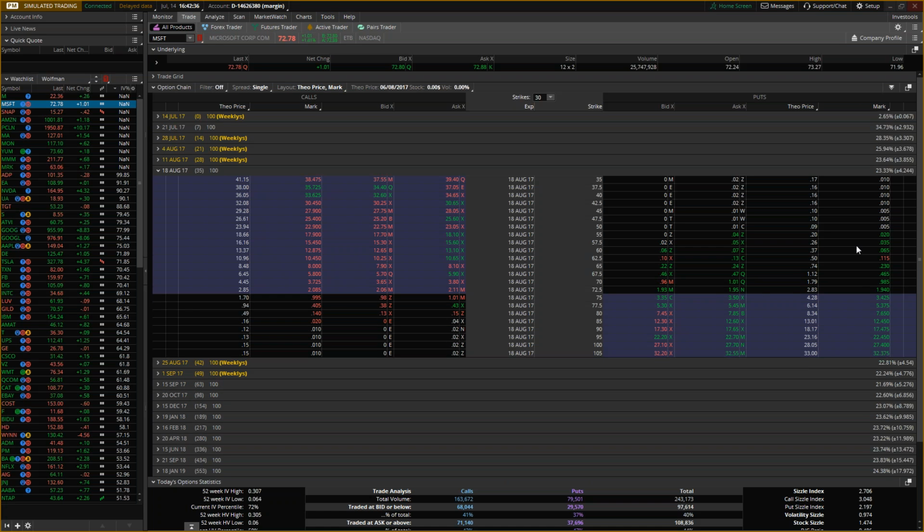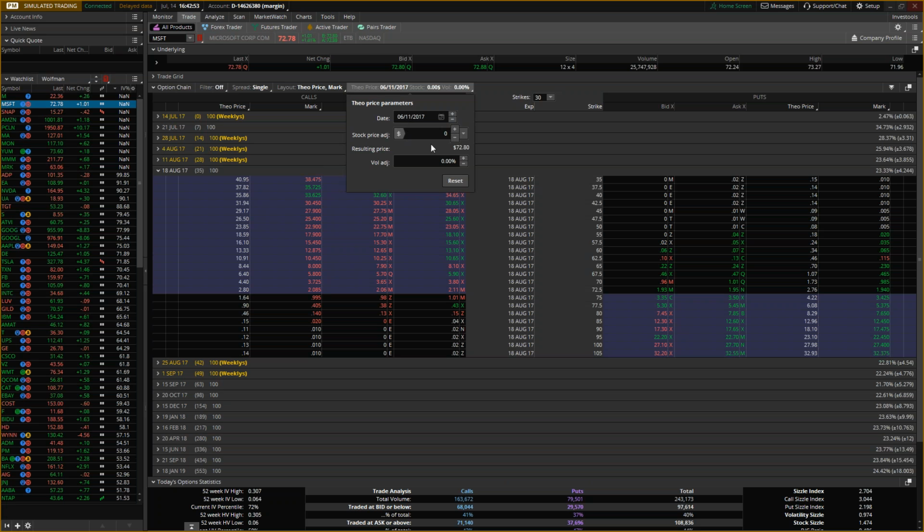Right now we've got a 23 IV percent. This might not be the best one to do it, but basically if the underlying doesn't move on the stock price, we're going to probably have to change the date to get a couple of days.